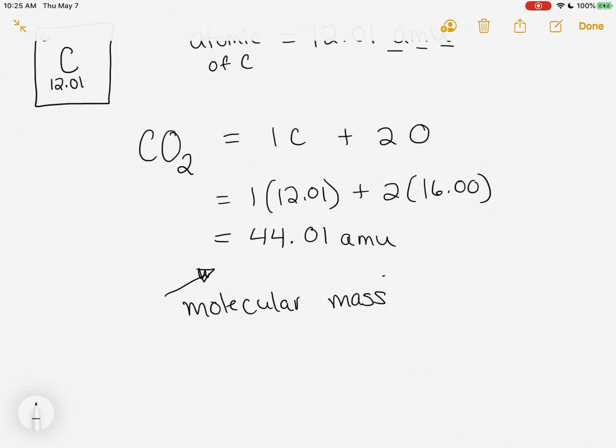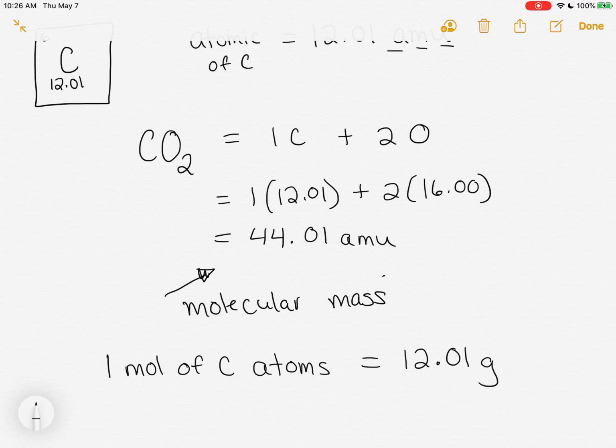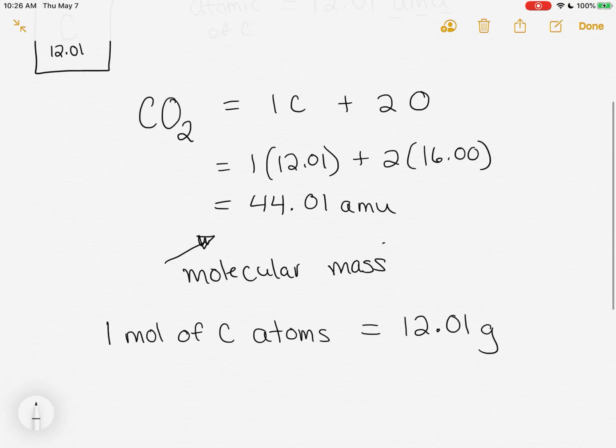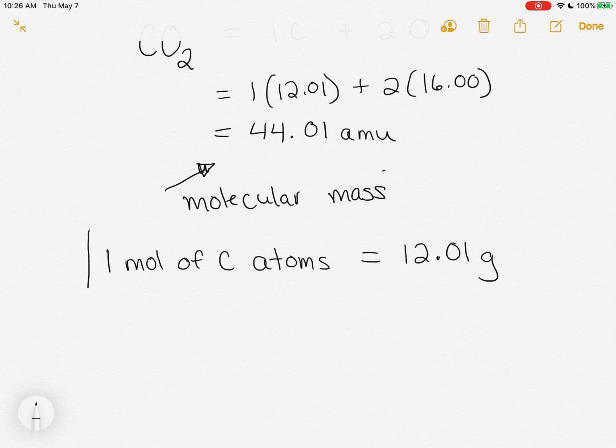Now, a tricky thing about the mole is that if we have 1 mole of carbon atoms, it will actually be 12.01 grams. All of our atomic mass units, if we have 1 mole of that atom, then we'll have that many grams of that atom.